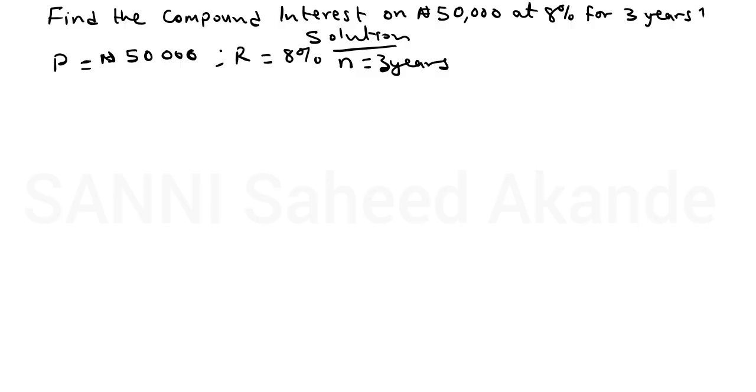Okay, and to find the amount, we are going to apply our same formula. A is equal to P open bracket 1 plus R over 100 multiplied by everything raised to power n.